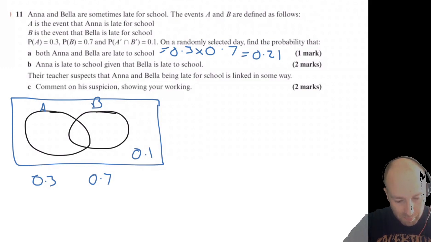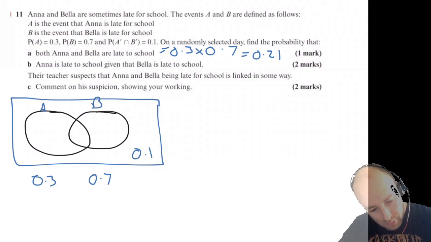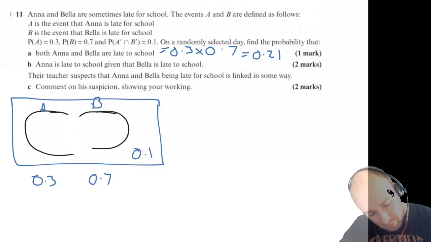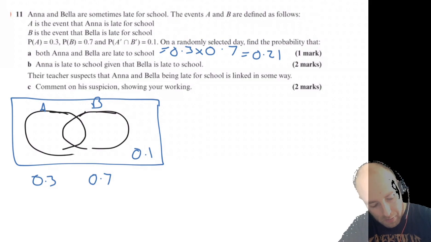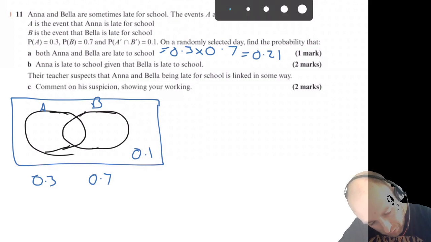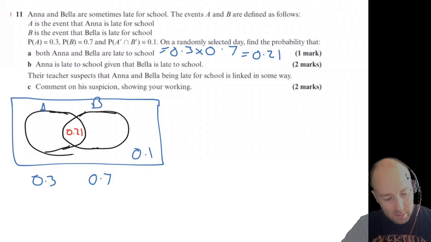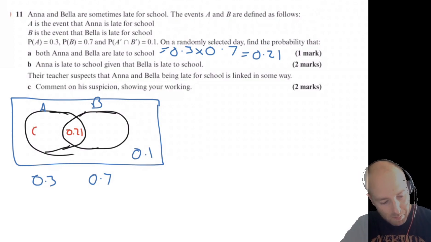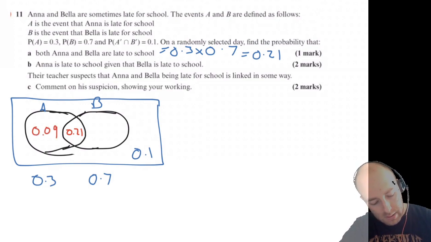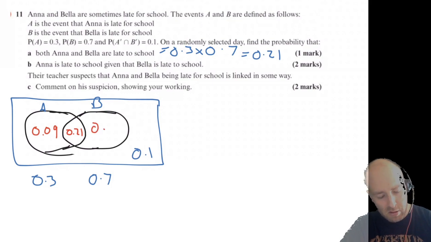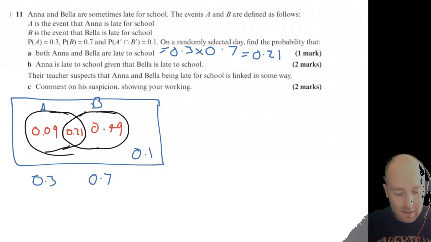If I just clear up my Venn diagram a bit more. There we go. Middle bit there is going to be 0.21, which means the rest of Anna's circle is going to be 0.09. The rest of Bella's circle will be 0.49. Interestingly worded question, this one.